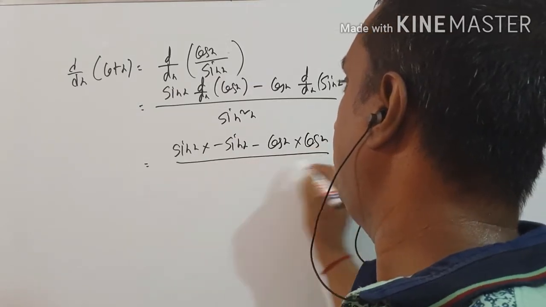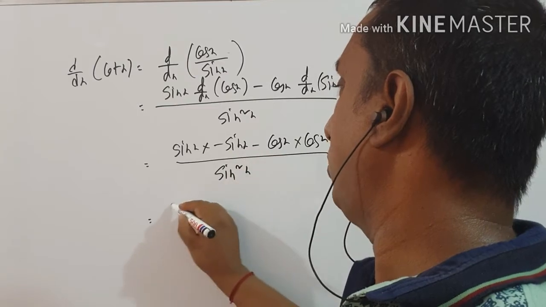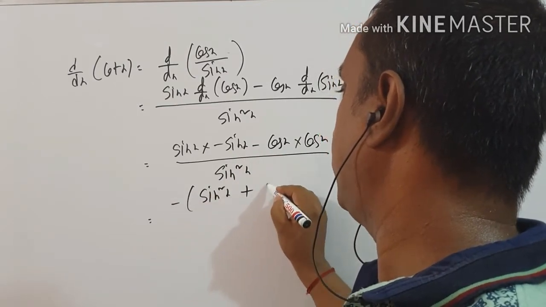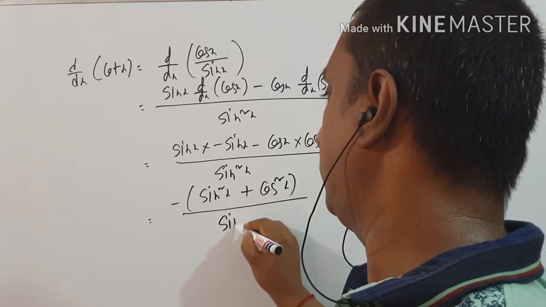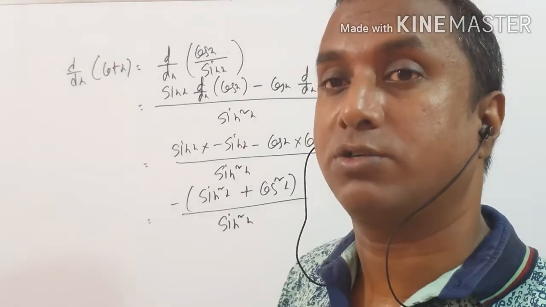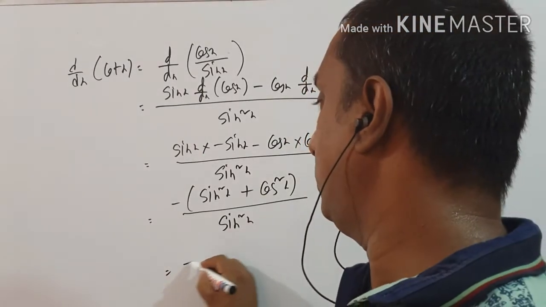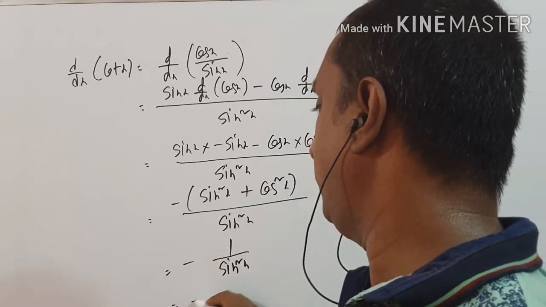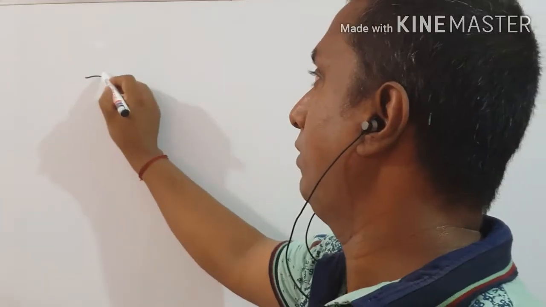Keep sin square x the same. This minus will be common, so sin square x plus cos square x divided by sin square x. Now sin square x plus cos square x equals 1, so it becomes 1 by sin square x, which is cosec square x.